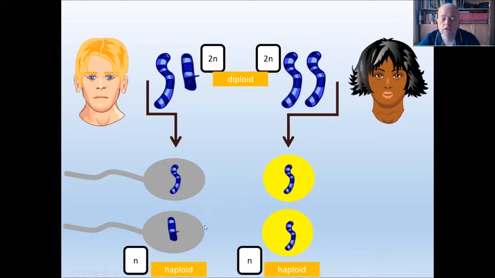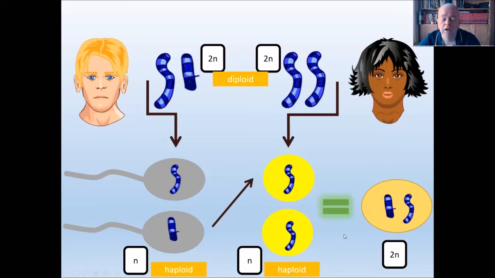So we've now got sperm cells that have a haploid number, we've got egg cells that have a haploid number, and if any of those sperm cells fertilize any particular egg, you can see we combine those together, we're going to end up back with the diploid set. So one of the key purposes of meiosis is to produce a haploid cell, so that upon fertilization we're then back to a diploid cell, back to that 2N number of chromosomes.